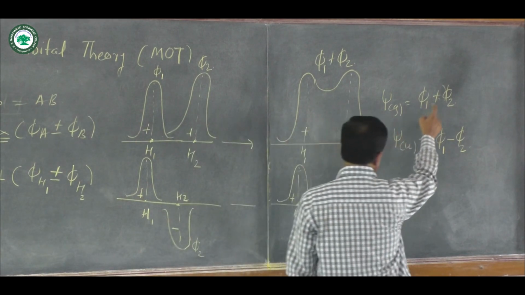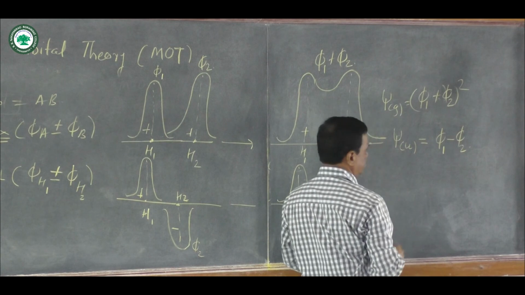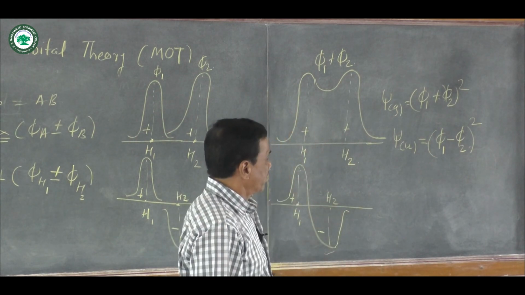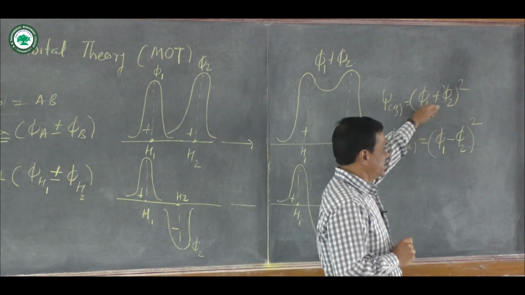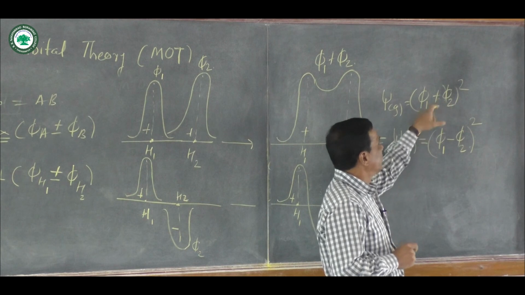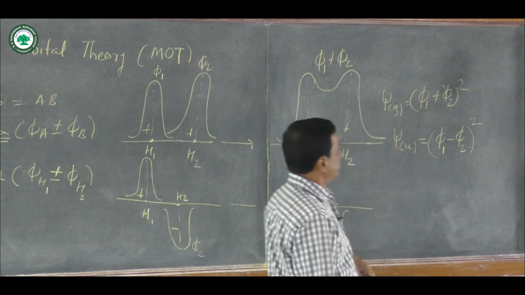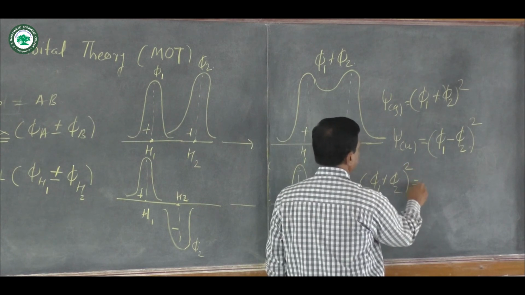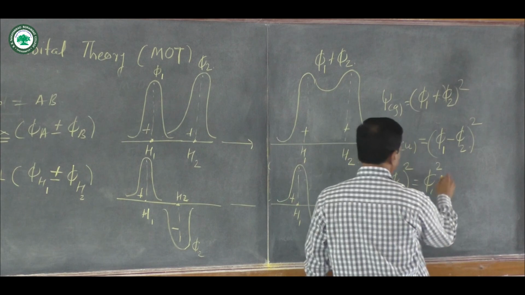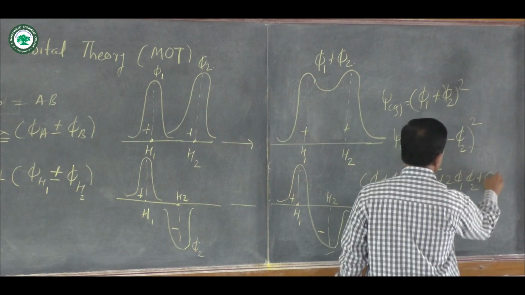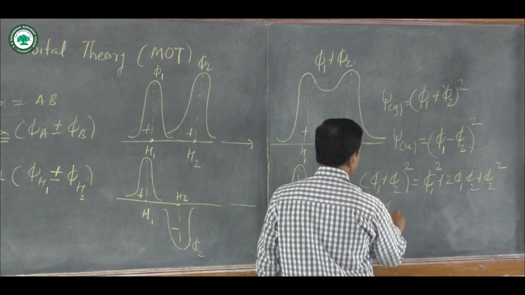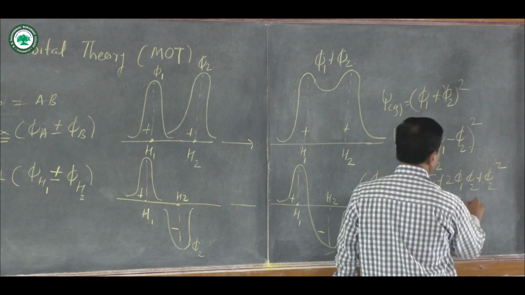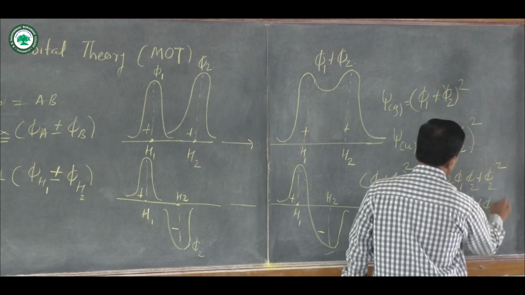You take the square of these, that is, phi 1 plus phi 2 squared and phi 1 minus phi 2 squared, and you know these values are used for determining the probability and density of the wave functions and the electron. The square of the first factor, phi 1 plus phi 2 squared, is equal to phi 1 squared plus twice phi 1 phi 2 plus phi 2 squared. In the second one, phi 1 minus phi 2 squared is equal to phi 1 squared minus twice phi 1 phi 2 plus phi 2 squared.